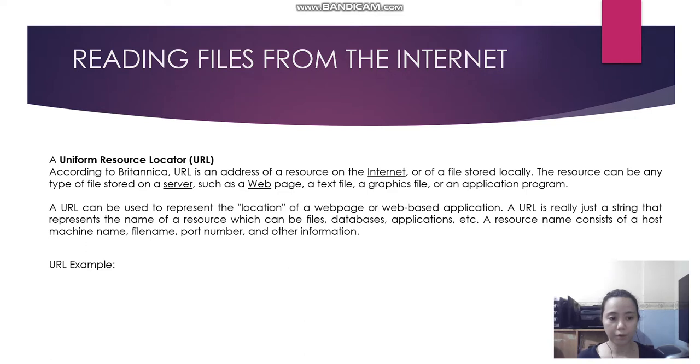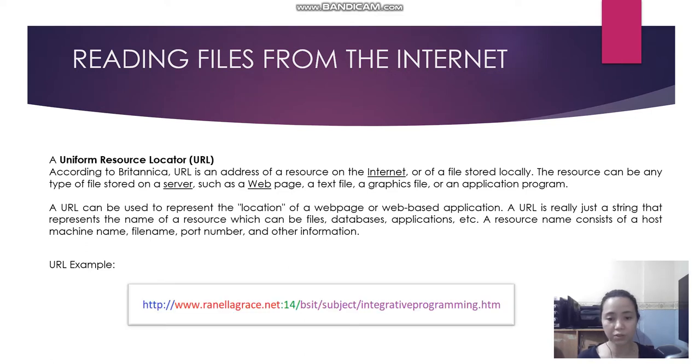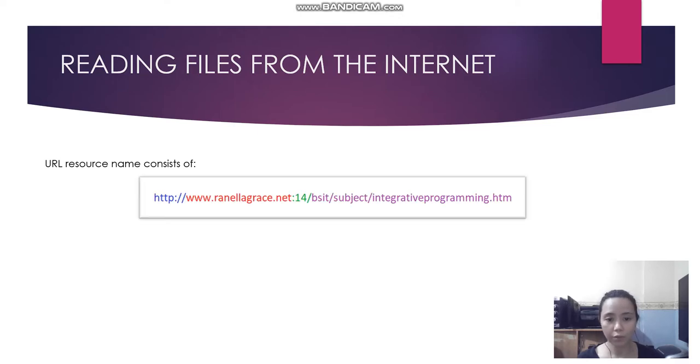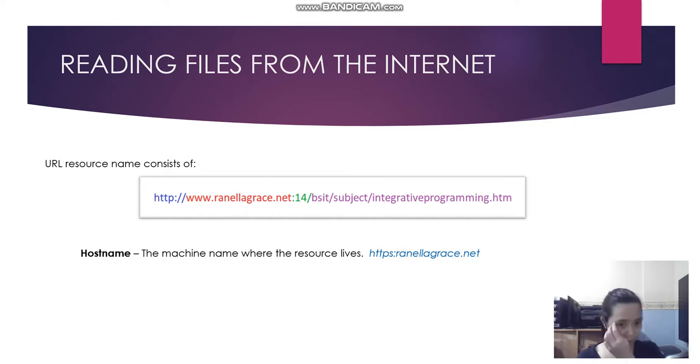URL example. So this is an illustration of an example of a URL. The URL resource name consists of, for example, the host name, the machine name where the resource lives, which is the blue part, HTTP, www.ranellagrees.net.